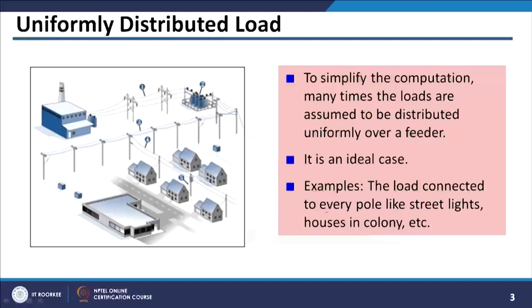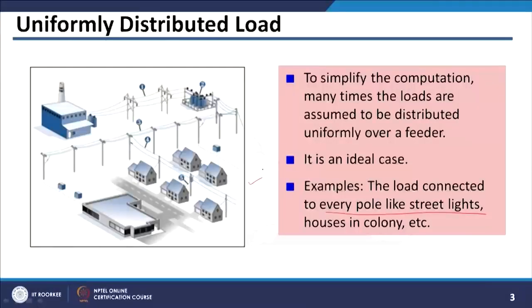So, to do the lumped modeling, we need to do some assumptions. Many times we model this as a uniformly distributed load feeder. Like there are loads, say street lights, which are connected at every pole. These kinds of loads will be taking the same amount of power at every pole, so these loads will be called uniform kind of loads.